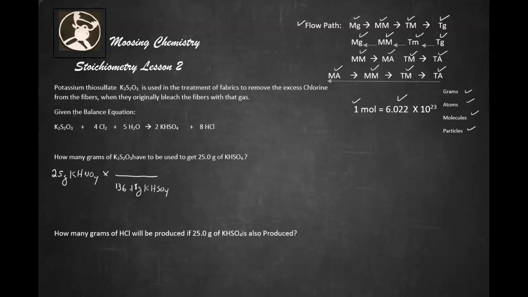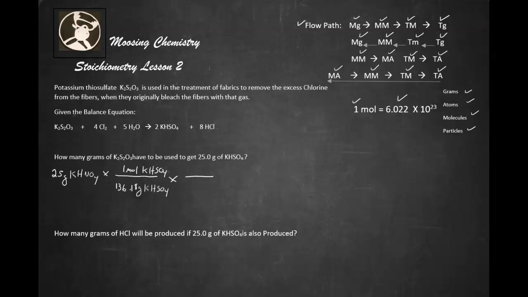That's the molar mass of KHSO4. And we showed you in an earlier video how to convert grams or whatever into molar masses. And so that's going to give me 1 mole of KHSO4.